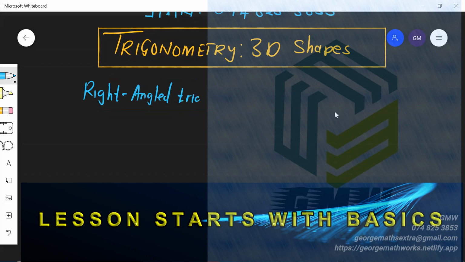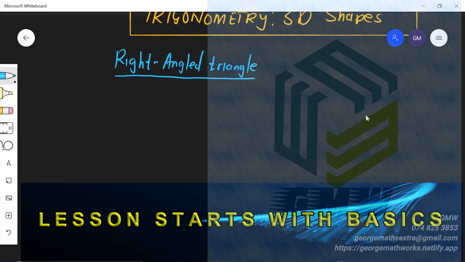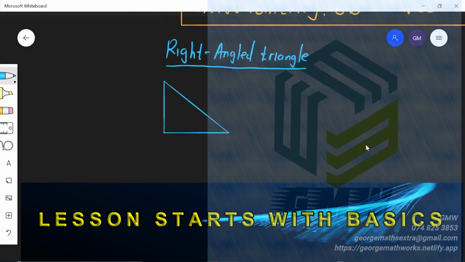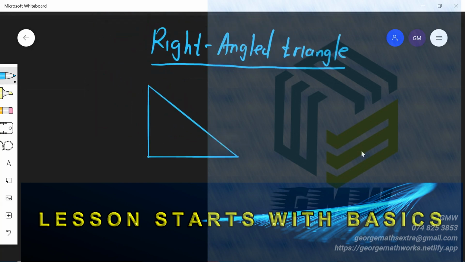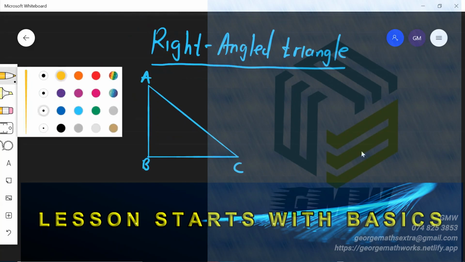Right-angled triangle. You've seen this many times, heard of it, and talked about it many times. So draw a right-angled triangle right here. There is the right-angled triangle, and we need to know how to label it, right?